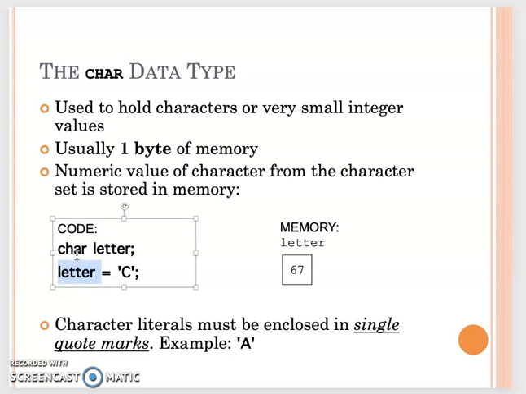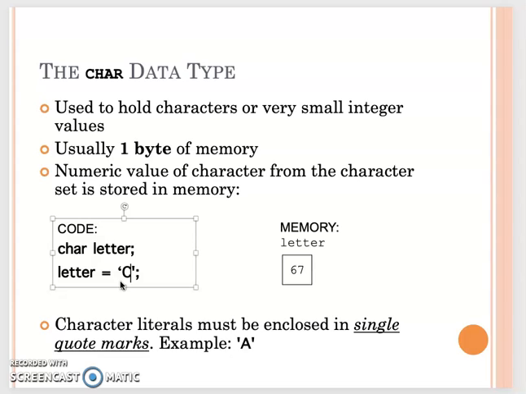In order to give it a character, we use the single quote. The single quote only contains 1 letter. The letter can be an alphabetic letter, or a numeric letter, or a special letter, for example a pound sign or a dollar sign.